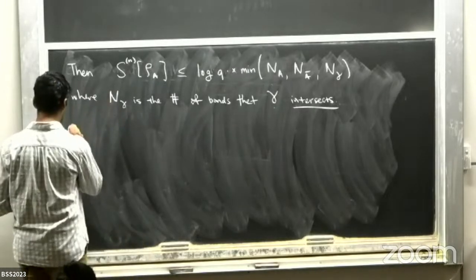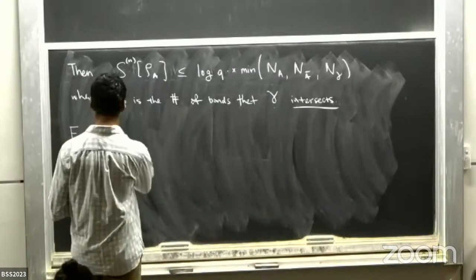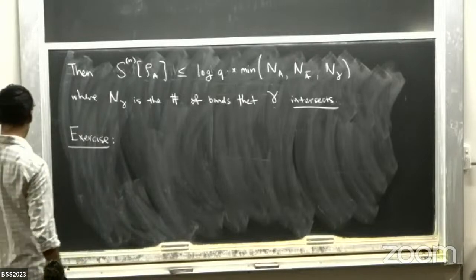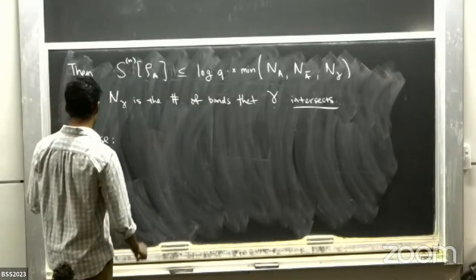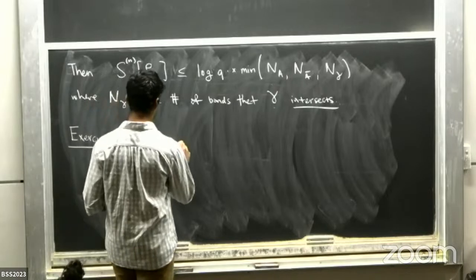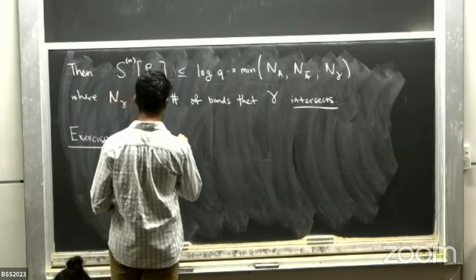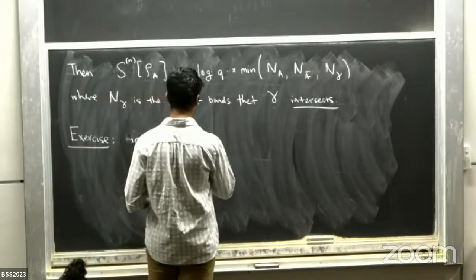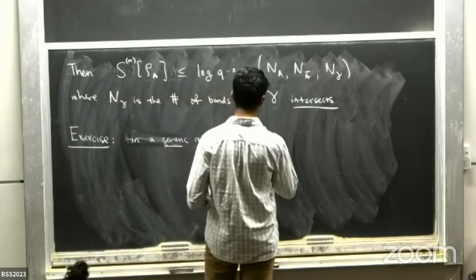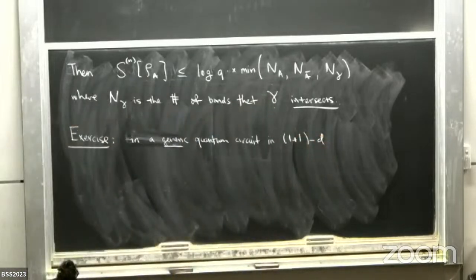So let me just say as an exercise, this minimum cut looks kind of innocent, but it gives some interesting results. So for example, in the brickwork, take a brickwork circuit, well, really in a generic quantum circuit, in 1+1 dimensions, I can think of the following geometry.